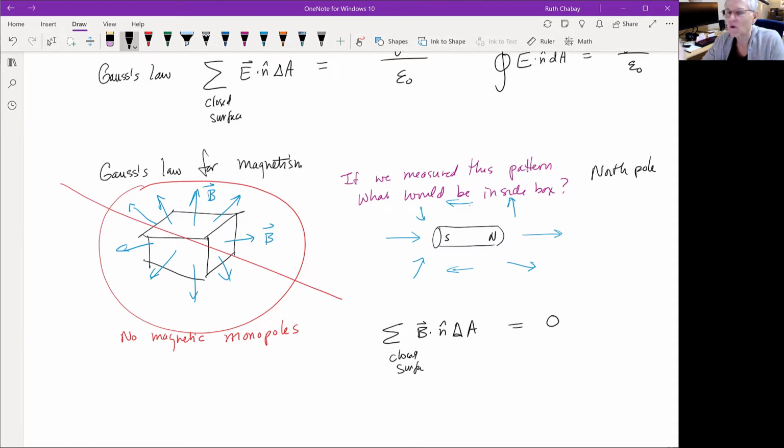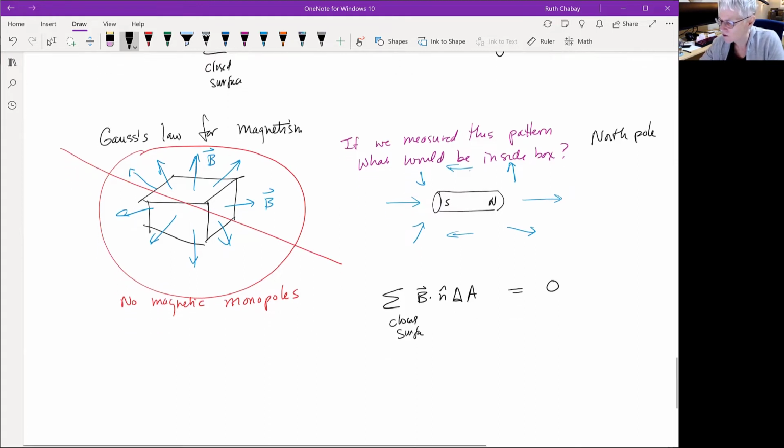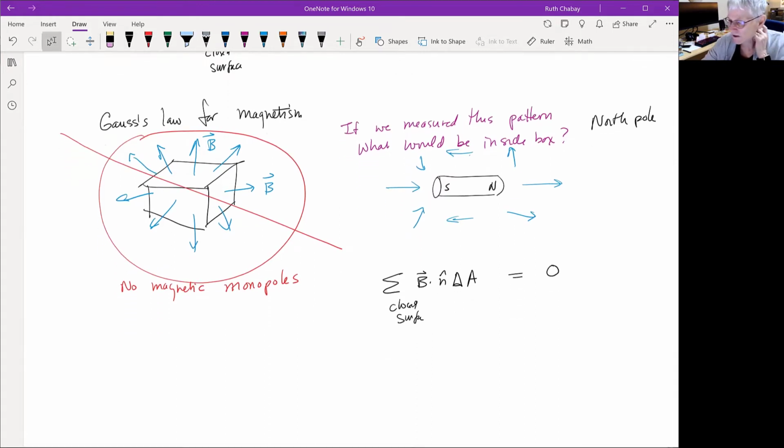It would have to be a point magnet. You'd have to think of a magnet that's a point north pole, so it would have to be just a little teeny N in there.